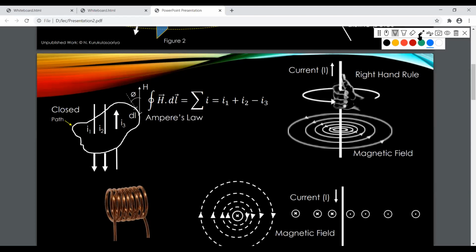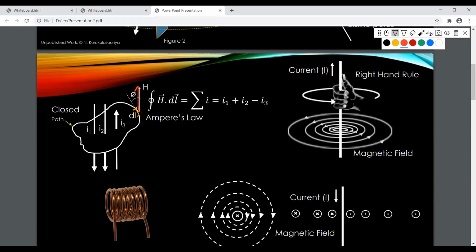Then you consider a small distance dl. So dl in this case is a small distance. And then you take the dot product with the magnetic field intensity. You may not know what a dot product is. Simply, it's a type of vector product, and you don't need to worry about that at this moment.